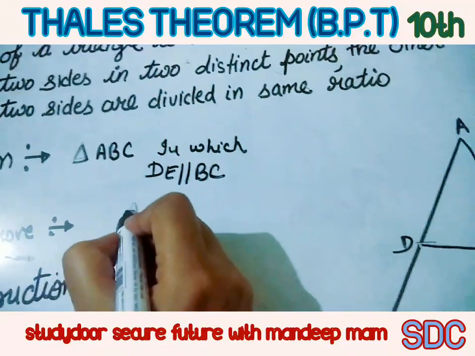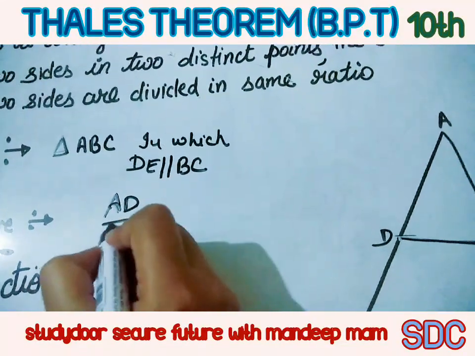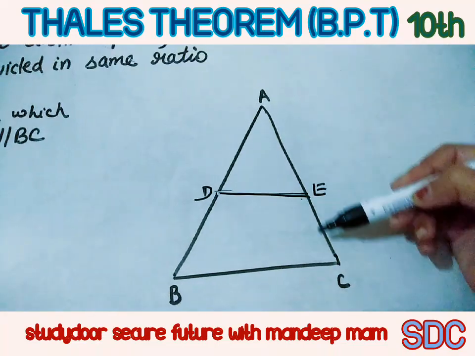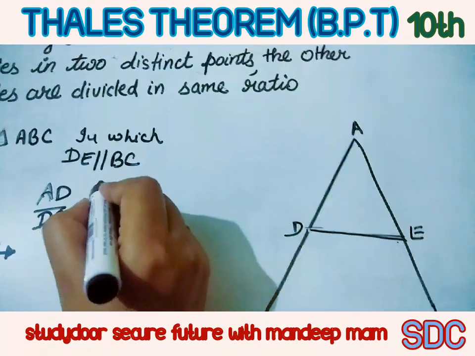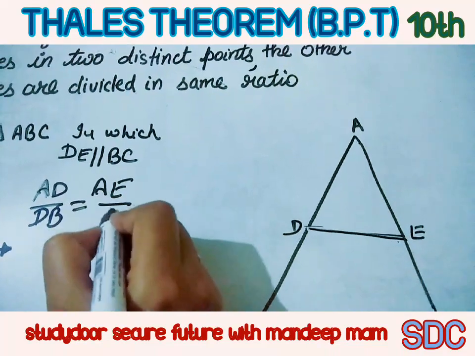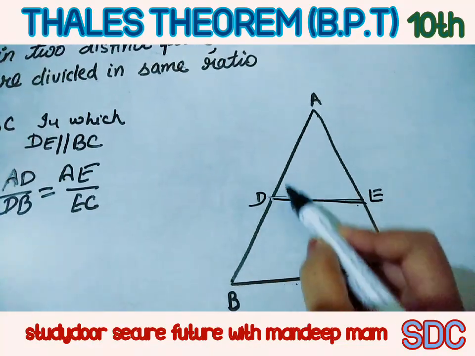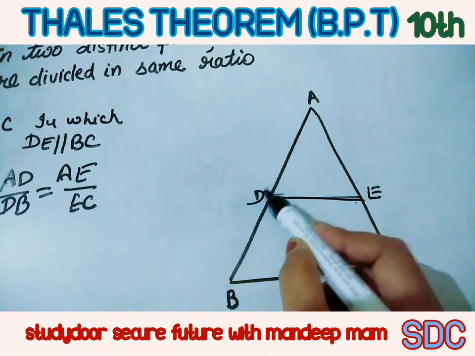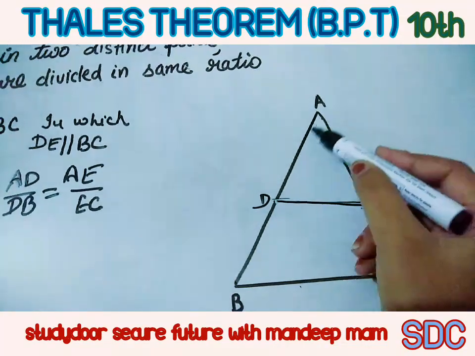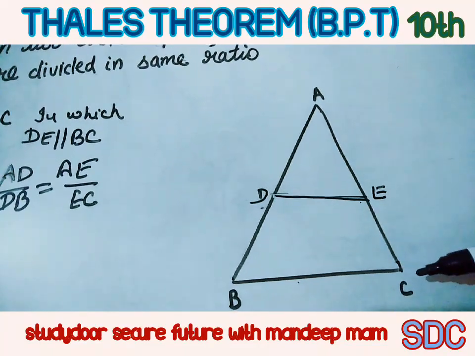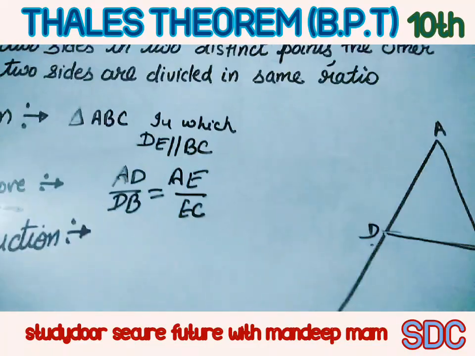So we have to prove that AD by DB is equal to AE by EC. So this is our parallel line. It cuts the line AB at D and AC at E. So AD by DB is equal to AE by EC. We have to prove it.